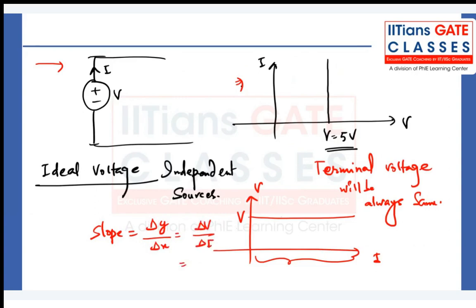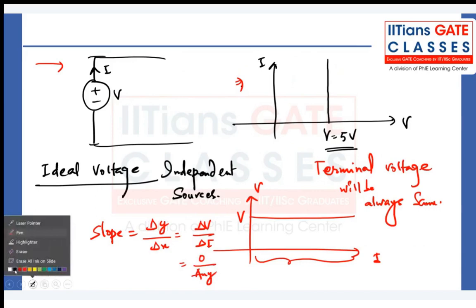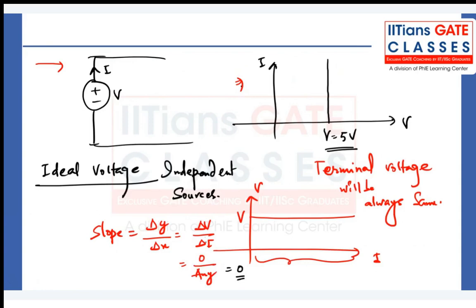There is no change in voltage, and there is a change in current, so the slope is going to be zero. What is V by I? As we know from Ohm's law, V by I means resistance. So if somebody asks you what is the internal resistance of an ideal voltage source, you can say zero, sir.